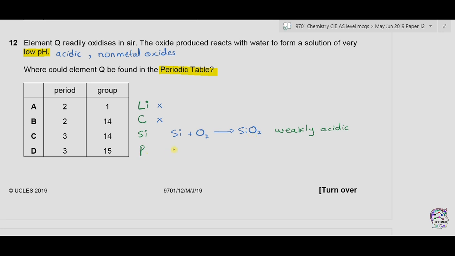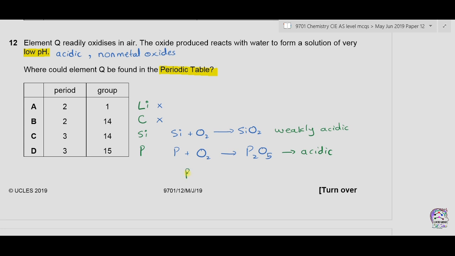The last option is phosphorus. Phosphorus reacts readily with oxygen to form phosphorus pentoxide. P2O5 is acidic in nature as it is a non-metal oxide and also dissolves readily in water to form phosphoric acid.